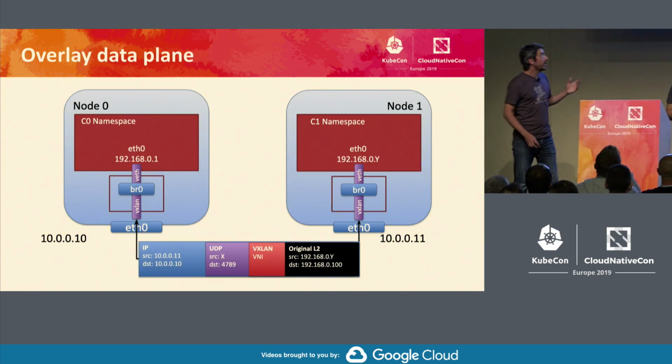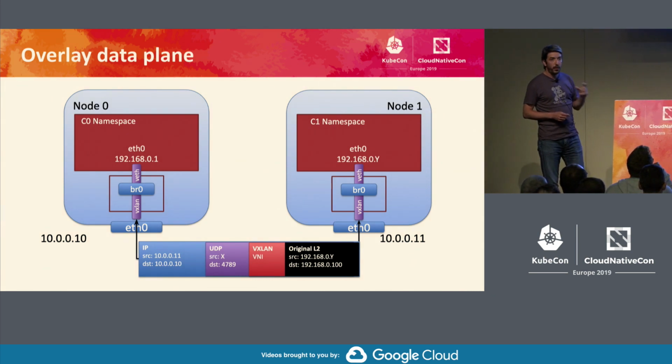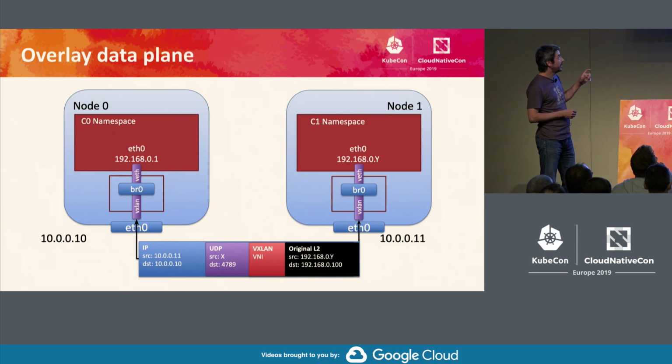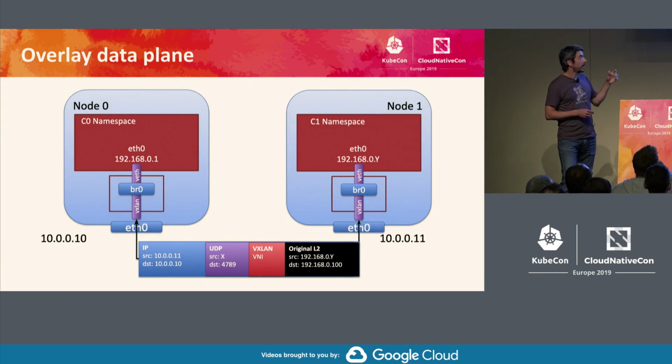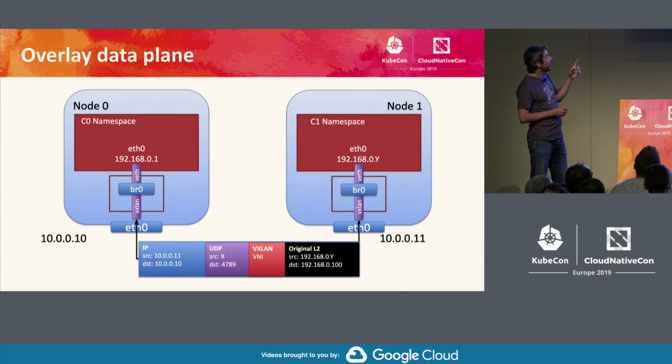So here is a typical example of how that would work. Your pod would get an interface, a VF interface connected to a bridge, and then you would have a VXLAN interface connected to this bridge that's actually getting traffic out of the node. So in this example, I'm getting traffic from one pod with IP 192.168.0.1 to 192.168.0.8, okay?